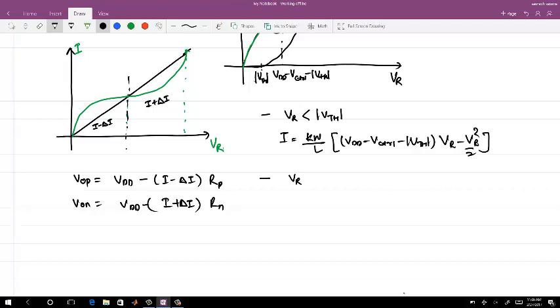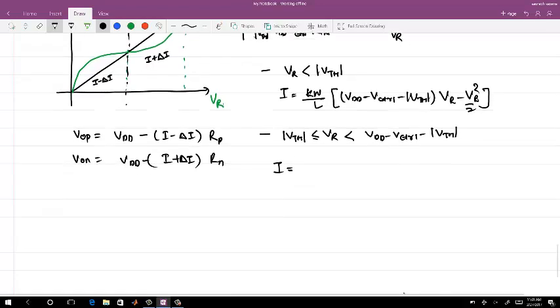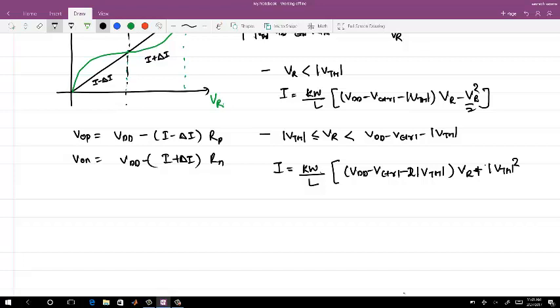Another region of operation is when VR is greater than or equal to mod VTH and less than VDD minus V control minus mod VTH. At that time, total I is Kw by 2L into VDD minus V control minus 2 times mod VTH times VR plus VTH square by 2.